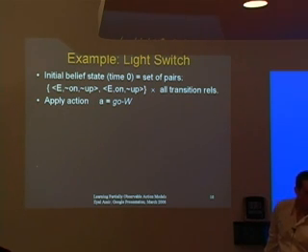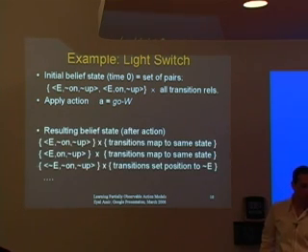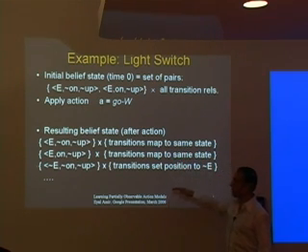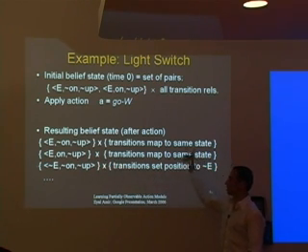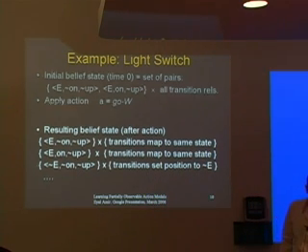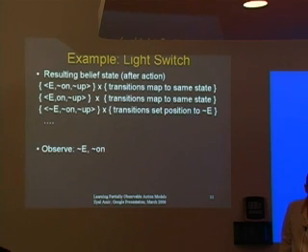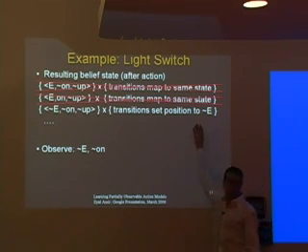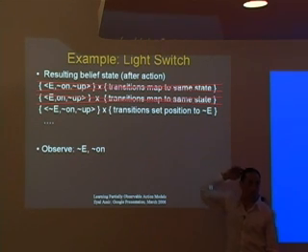After we apply this action of, say, going west, we will have this kind of very long list of possible combinations of world state and, say, transitions that map the state to the same state, transitions that change the state in a particular form, and so forth. After we make an observation, say we observe that the agent is no longer in the eastern room and the light is not on, we will cross out a few of those, but we will still have this very large set that we need to represent.